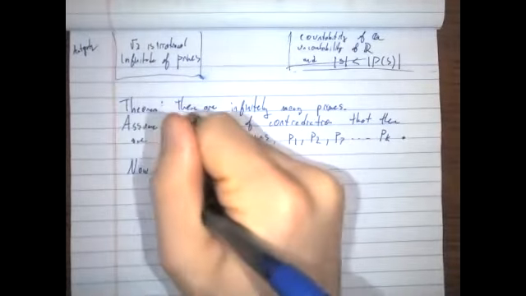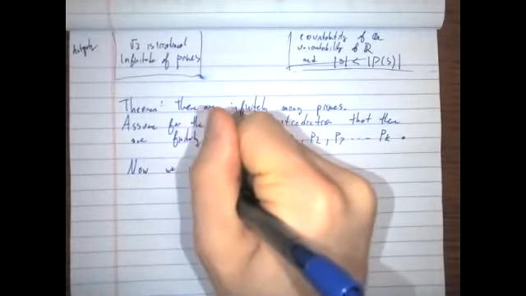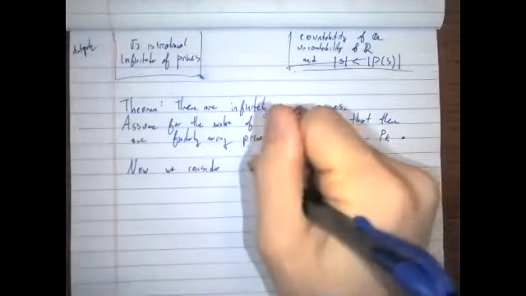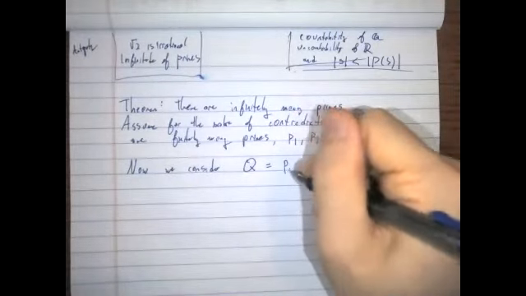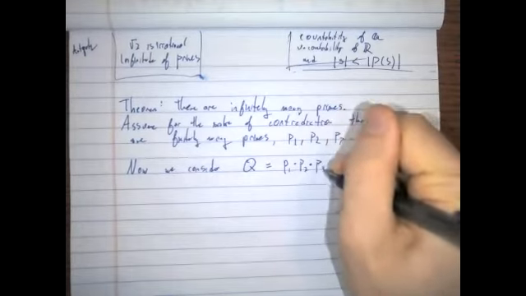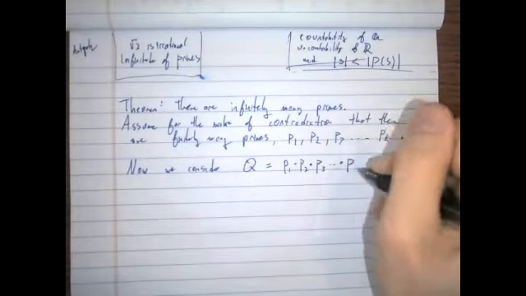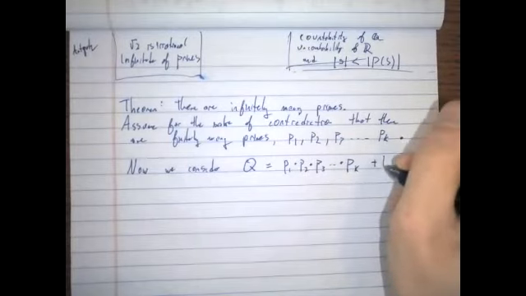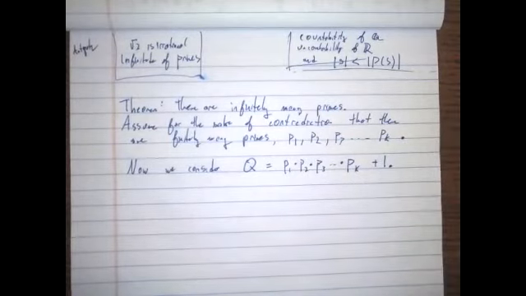So now we produce a new number. Now we consider Q, which is going to be equal to the product of all these primes, P1 times P2 times P3 times PK plus 1. Okay? Are we comfortable with what I've done so far?